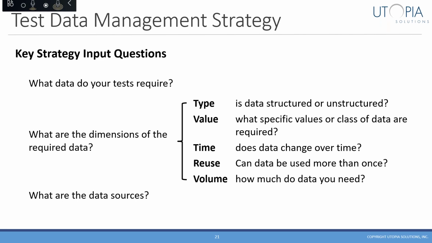First is the type of data, and in most cases this means if it's structured, for example, in a relational database, or maybe unstructured with no fixed format or length or organizational pattern. And of course, the value of the data is important. Either a specific value or maybe a class of values, specific account type, for instance.